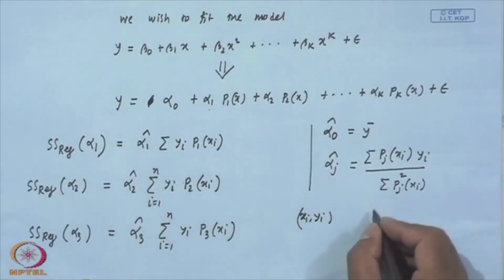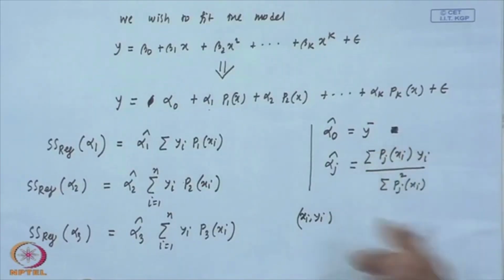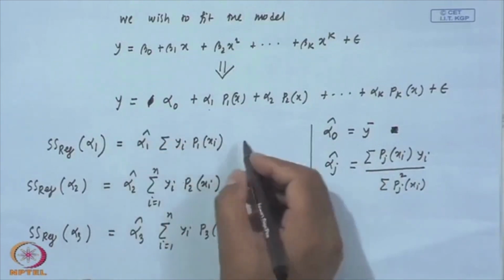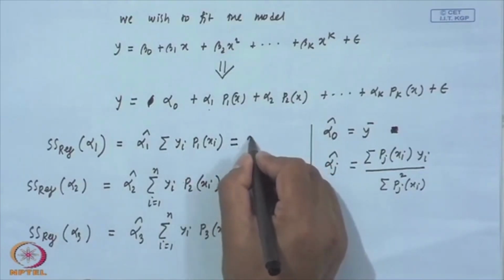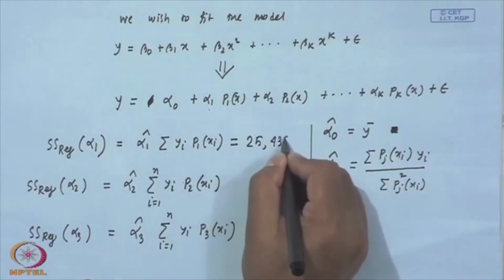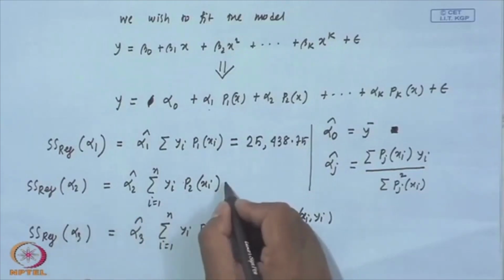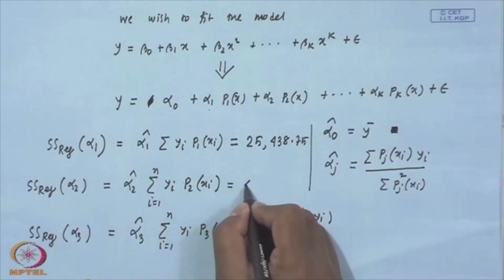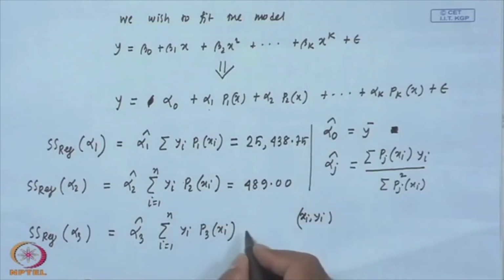You can check that the SS regression due to alpha 1 is very large, 25,438.75, and SS regression due to alpha 2 is 489.00, and SS regression due to alpha 3 is 1.15.